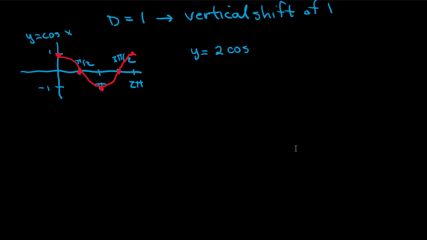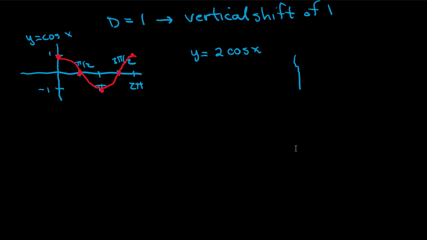So we're going to next look at the cosine multiplied by 2. That's going to take each of the y values and make them twice as big as what they were. Well, what that means is where y was 1 before, it's going to go up to 2. Where y was -1 before, it's going to go down to -2.